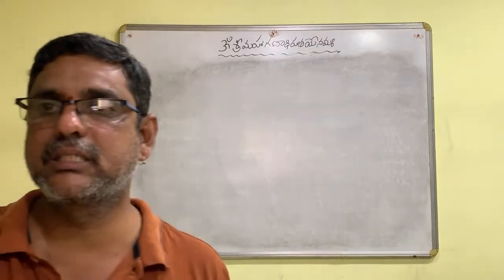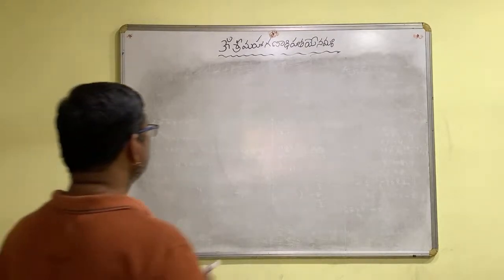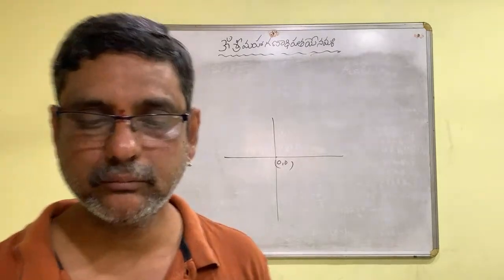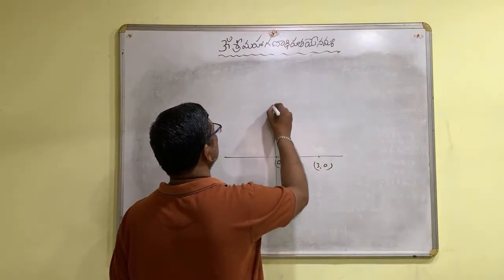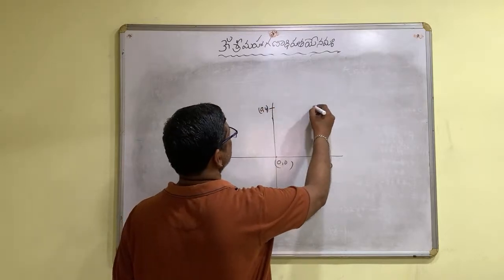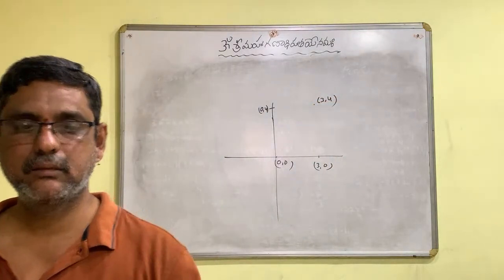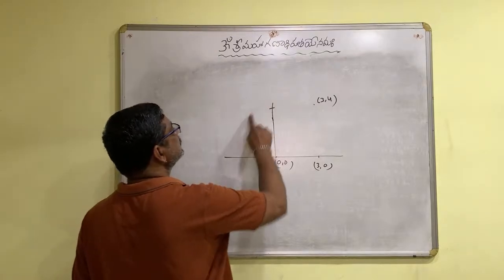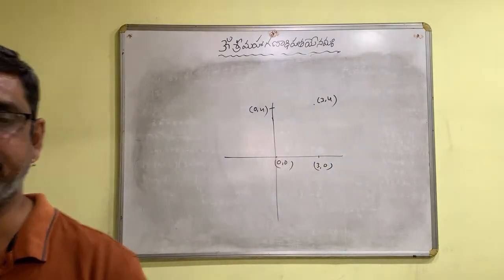Then the figure OABC is what? Plot 0 comma 0, 3 comma 0, 0 comma 4, and 3 comma 4. These are the 4 points.